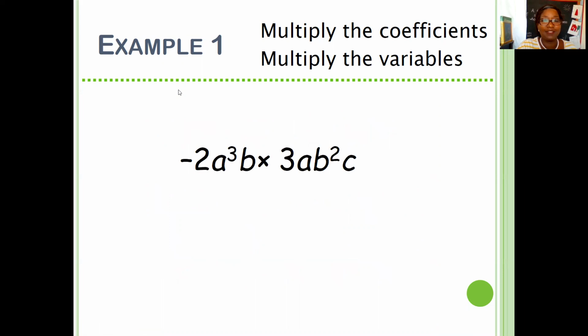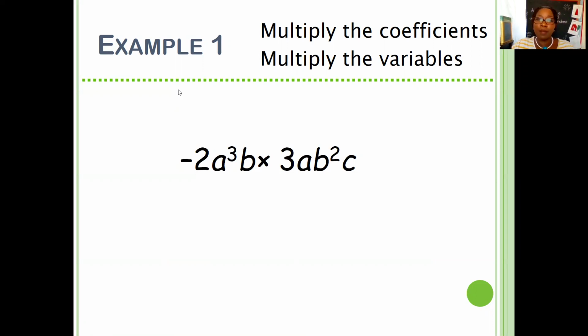All righty. Now, example number 2. We have negative 2a cubed b times 3ab squared c. Now, I know that for a lot of us, integers and negatives are tricky, but it's okay.